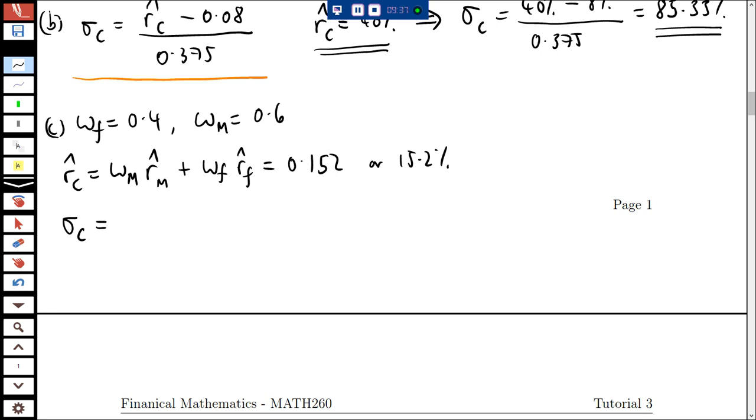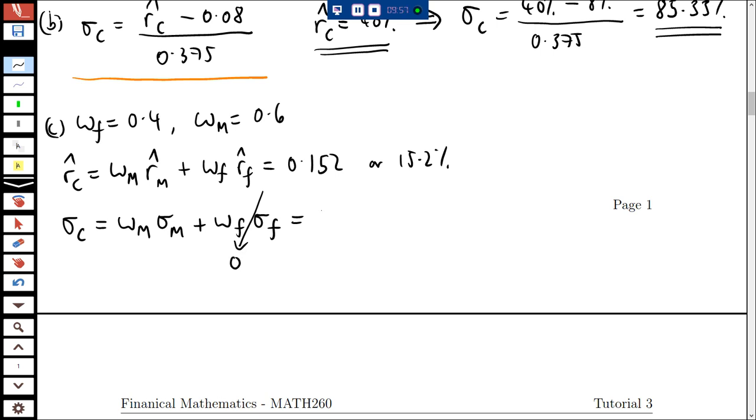How about the risk associated with that? Again, standard formula. I've got the habit of writing in this term, even though it's always zero. It just helps me remember the equations. The risk associated with the risk-free asset is by definition 0.